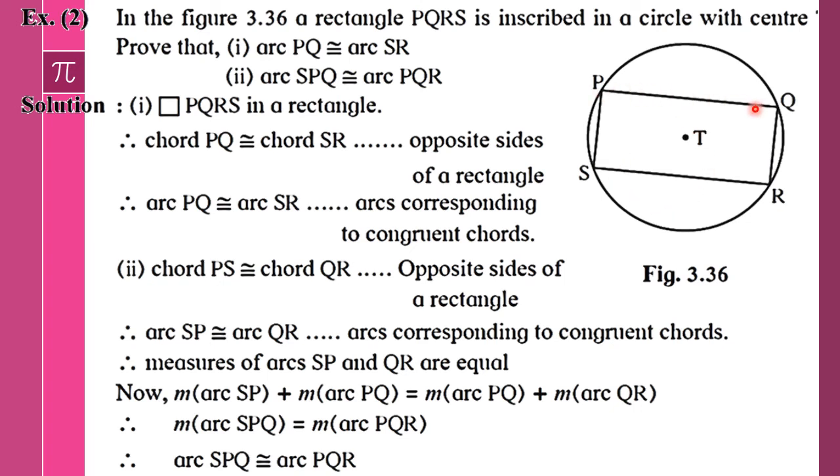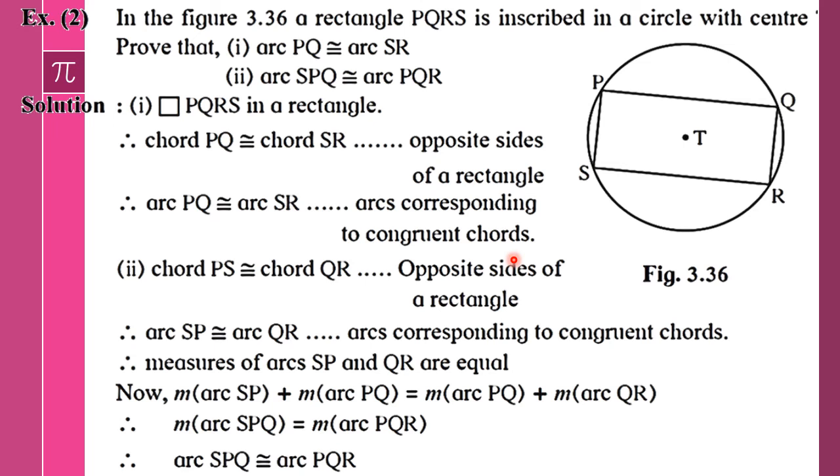Now if chord PQ and chord SR are congruent, naturally arc PQ is congruent to arc SR by the theorem that we learnt just a few minutes before. The theorem says if you have two chords which are congruent, their corresponding arcs are also congruent. So arc PQ is congruent to arc SR since they are arcs corresponding to congruent chords. That is the reason.